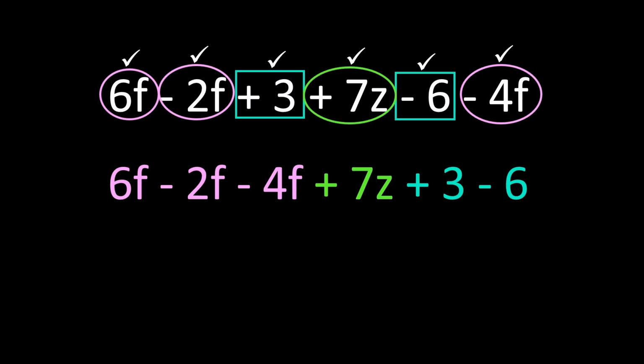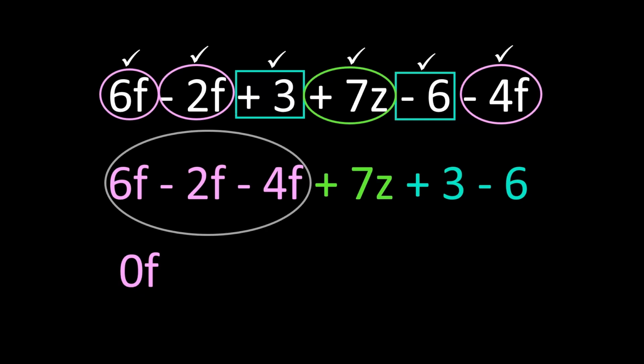Now that I have the like terms grouped together, it's really easy for me to see what I'm going to be combining. So I'm going to be combining 6f minus 2f minus 4f. So 6 minus 2 is 4, minus 4 more is 0. So I have 0f, I don't have any f. And instead of writing this as 0f, I'm just not going to include it at all.